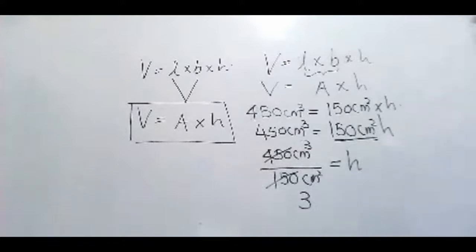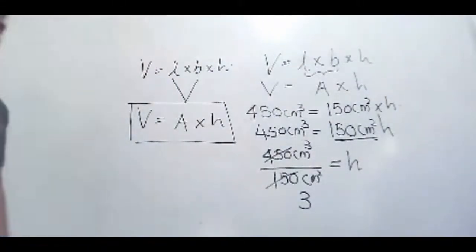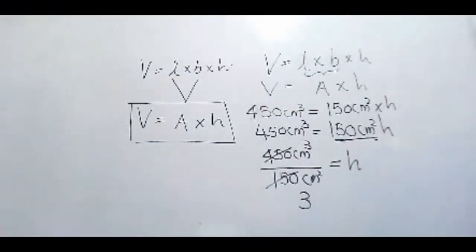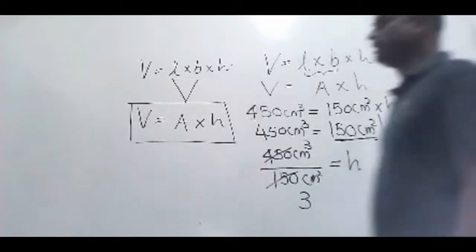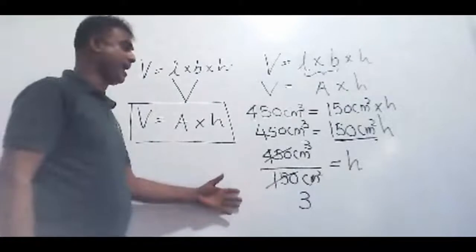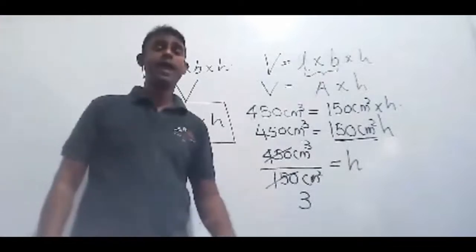Now we need to remember the indices rules. The indices rules say, if the base is the same, when dividing indices, the powers should be subtracted.